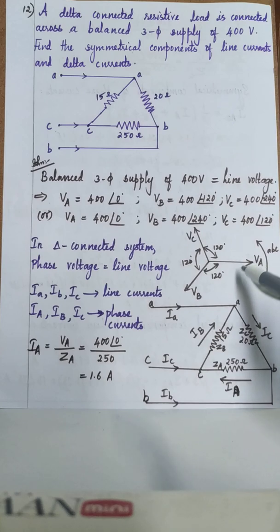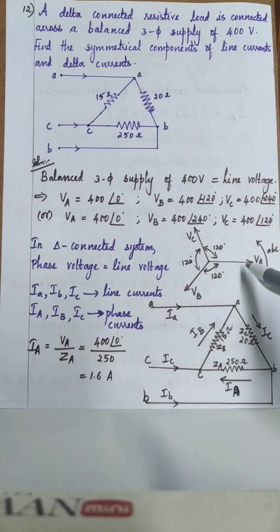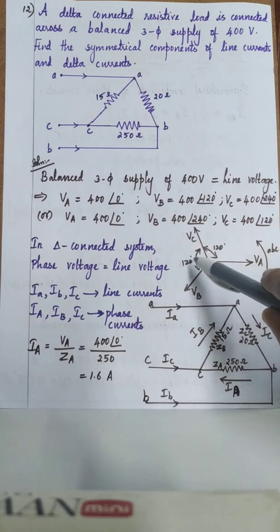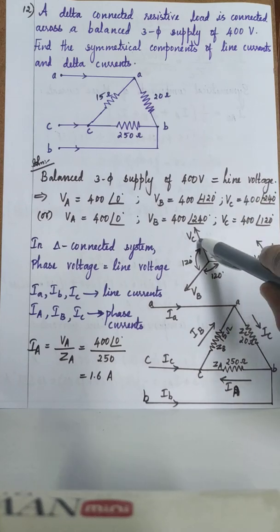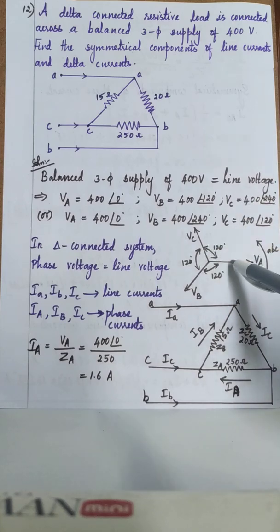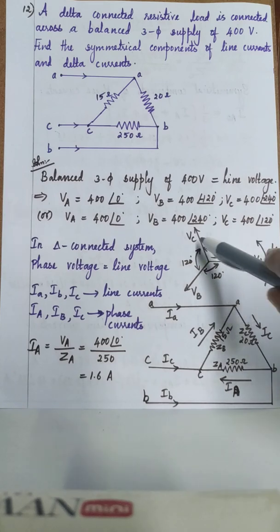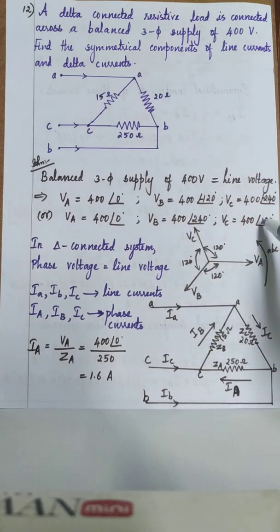VB is behind VA by 120 degree, or ahead of VA by 240 degree; we can write it either way. VC is 400 at an angle 120 degree or at an angle minus 240 degree. VC is ahead of VA by 120 or behind VA by 240.